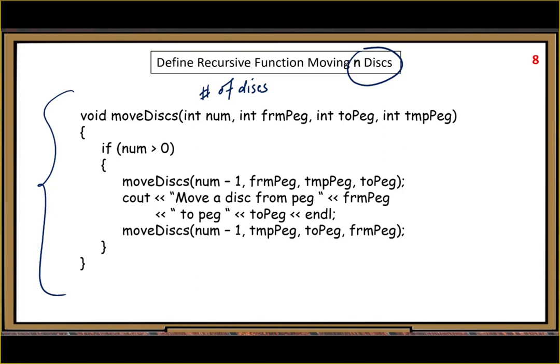So to answer this question, how many moves do we need to make? When n equals 3, we need 7 moves. Can you connect these two numbers? 3, 7. How do we get 7 from 3?